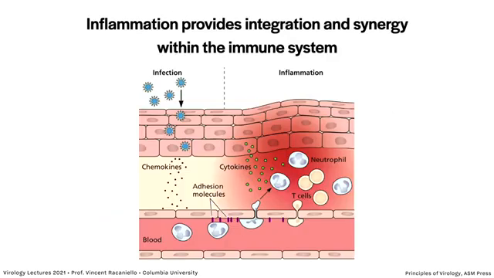Everything we've talked about in these two sessions on immune defenses shows how inflammation provides synergy between the different arms of the immune system, the innate arm and the adaptive arm. And to summarize that, we have an infection of an epithelial sheet. The cells sense infection. The innate immune system senses infection, produces cytokines.